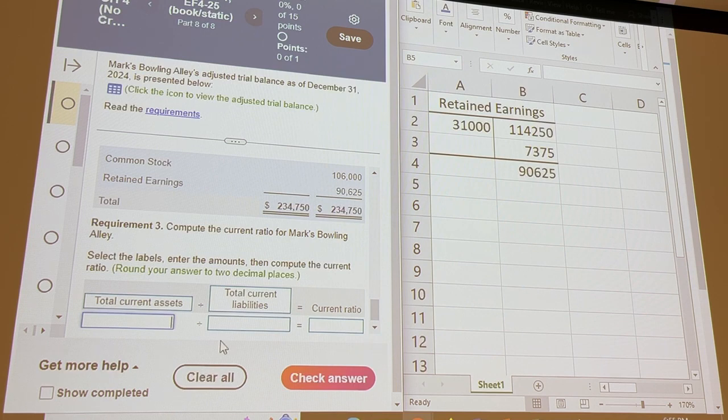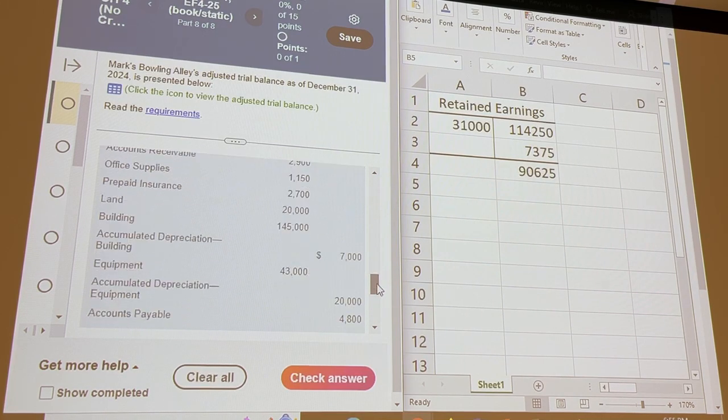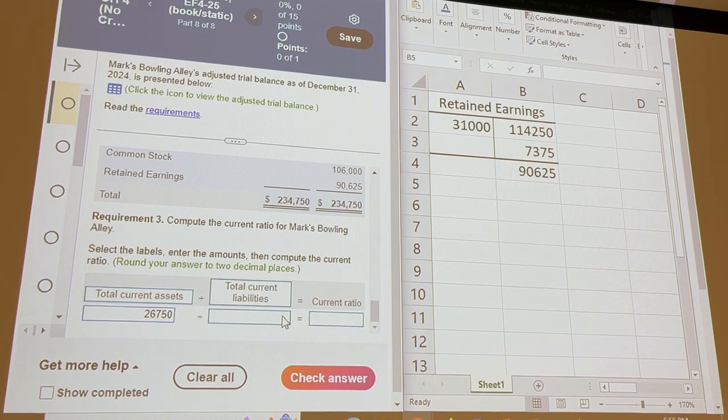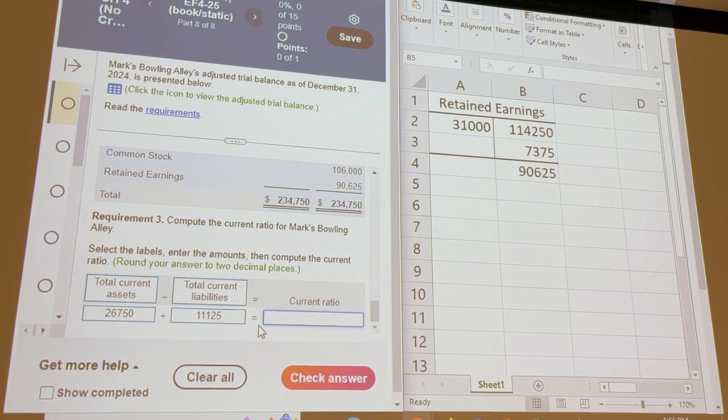So those four current asset accounts added together are $26,750. Then the current liability accounts, those would be accounts payable, utilities payable, salaries payable, and unearned revenue. So there are four of those. Those added together would be 11,125. So the current ratio would be 2.40.